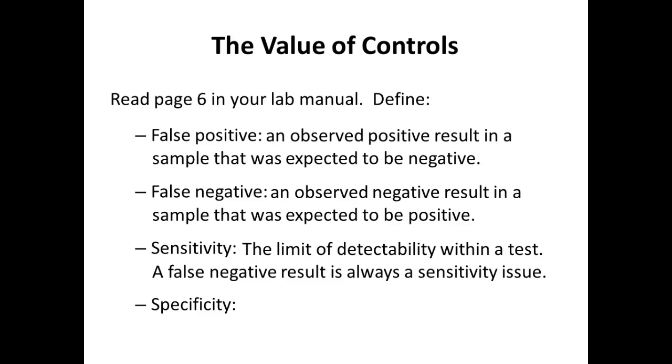So, for sensitivity. When you run a pregnancy test, you're testing a urine sample for the presence of human chorionic gonadotropin hormone, which is produced when a woman is pregnant. It's produced at higher and higher levels throughout pregnancy. So, one of the things that they tell you is that you have to wait a certain time period before you can run this test for it to be accurate, right?